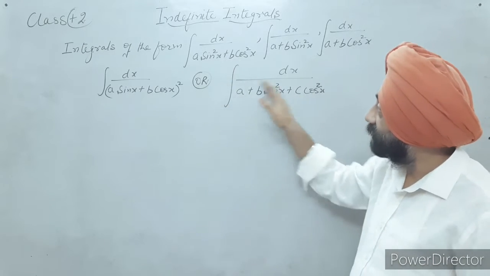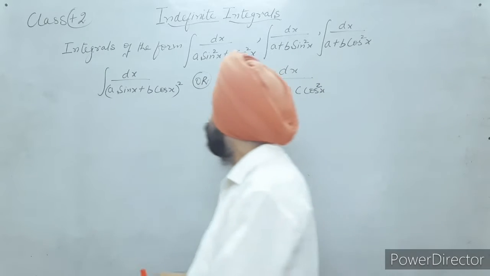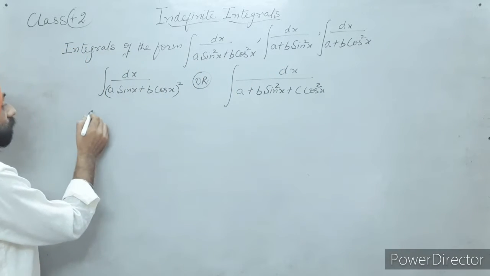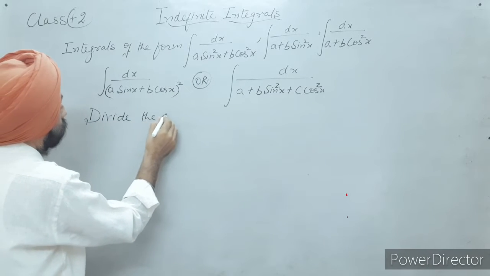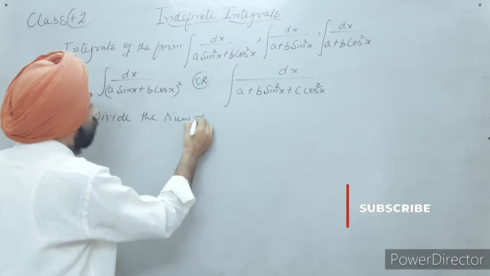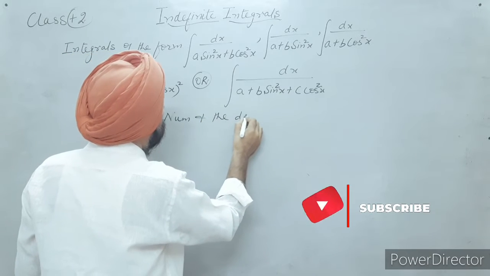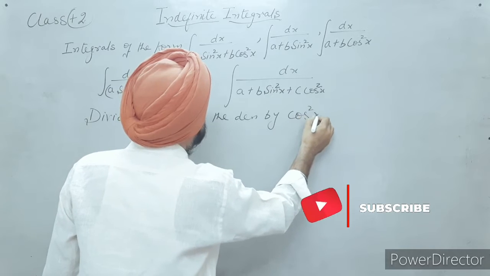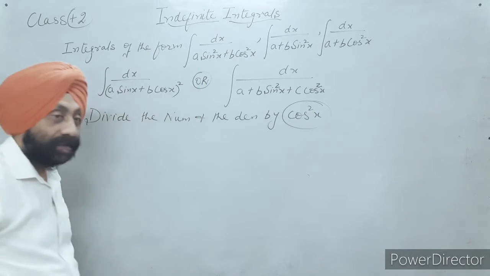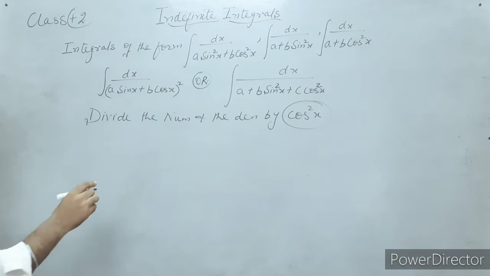In all of these, we are to divide the numerator and the denominator by cos square x.